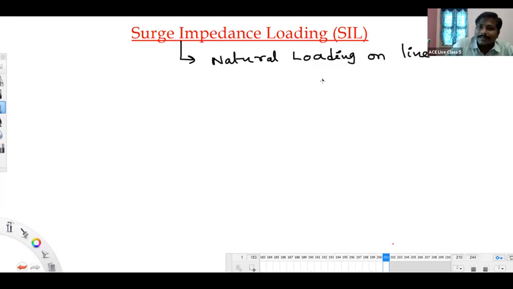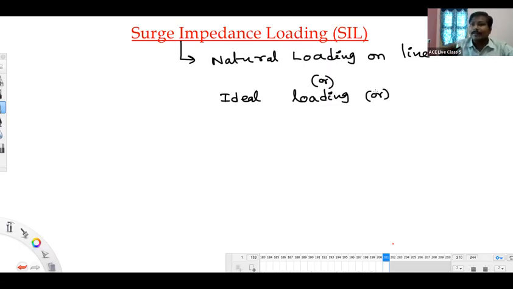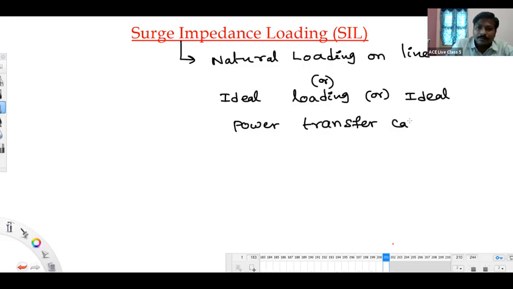Or else you can call it ideal loading on a transmission line, or you can say ideal power transfer capacity. Any name you can use: ideal loading, ideal power transfer capacity, or natural loading on the transmission line.